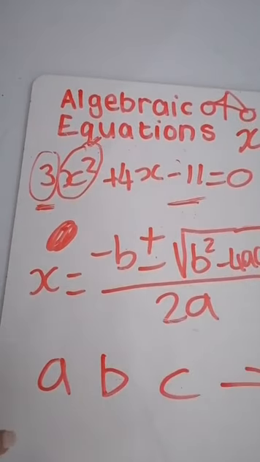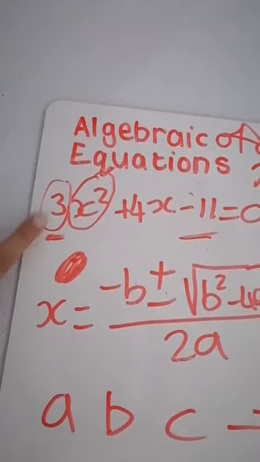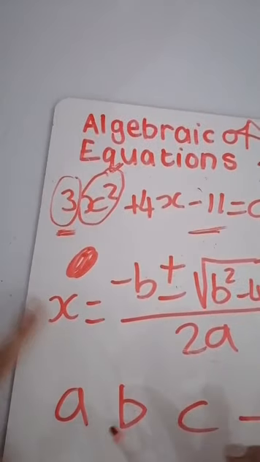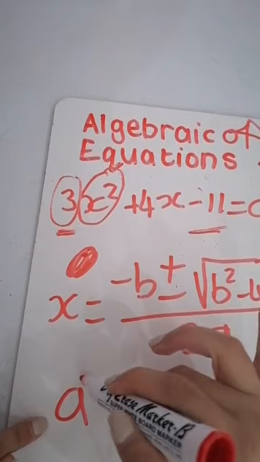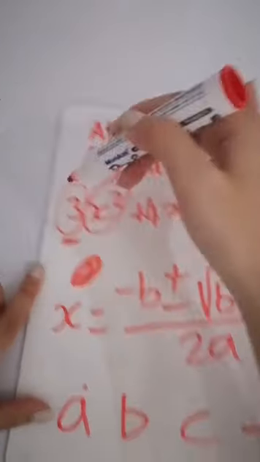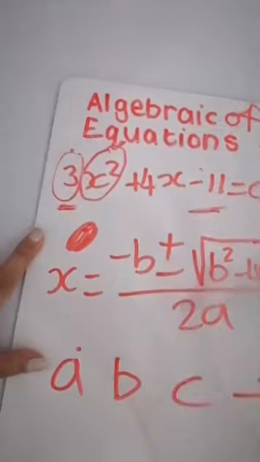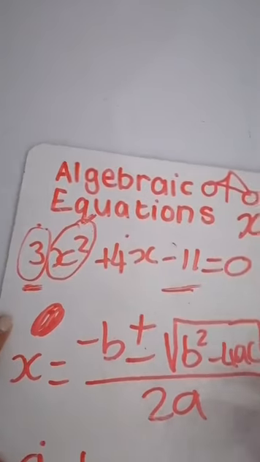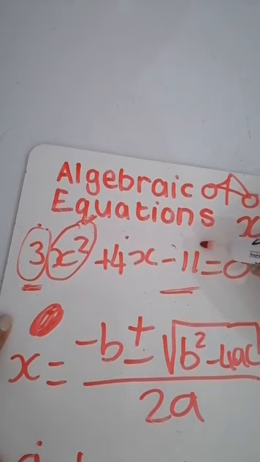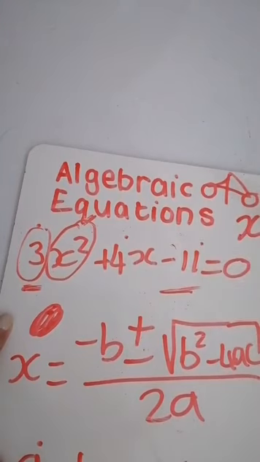So we're going to apply this with our original expression, whereby A stands for the coefficient of your first term, B is your coefficient of your second term, and C is your constant. Okay, that's all it is.